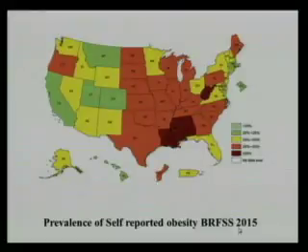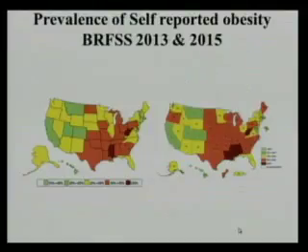Of course, it's a lighter color in the West, a darker color in the East. If you compare this with the data from 2013 on the left and 2015 on the right, you can see more lighter color on the left in 2013, and more darker color on the right, in the data from 2015.